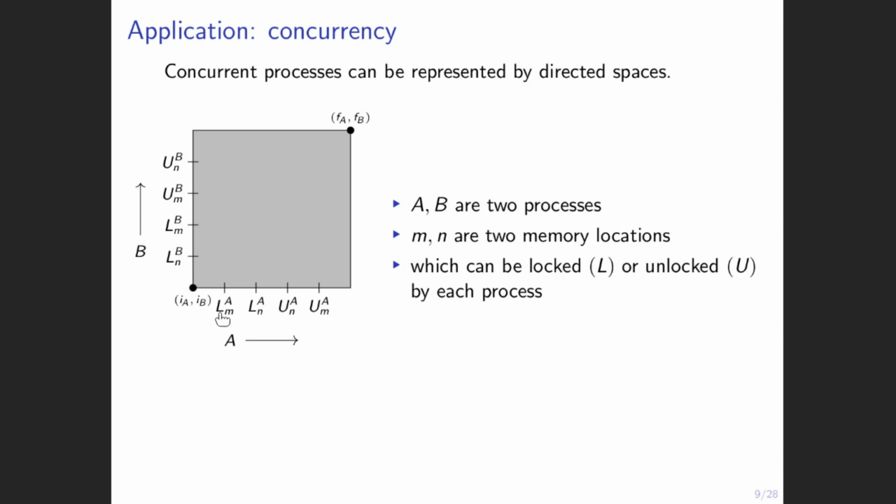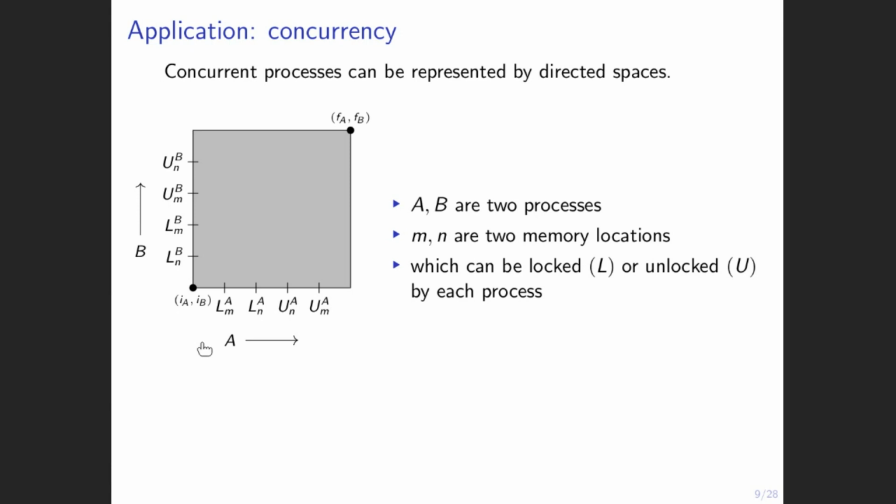Let's say that A first wants to lock memory location M, then lock N, then unlock N, and then unlock M. And suppose that B wants to do basically the same thing, except it first wants to lock N, and then M, and then unlock M and unlock N. So they're both locking the same two locations, but in different orders.